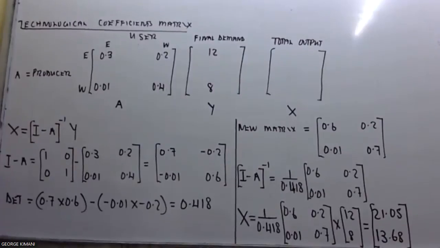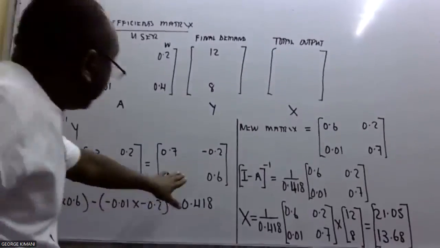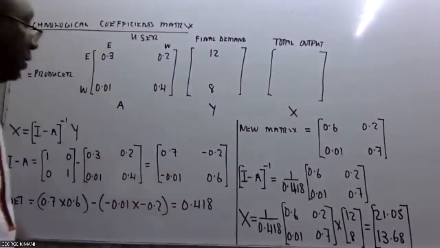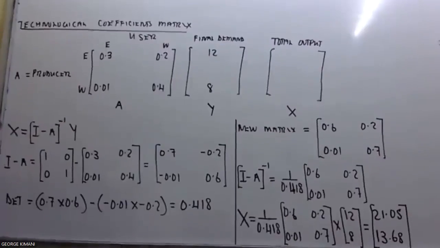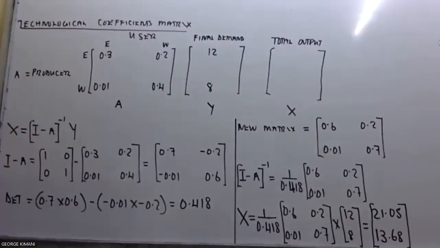From there, I get the determinant: 0.7 times 0.6 minus 0.01 times minus 0.2, which gives me 0.418.